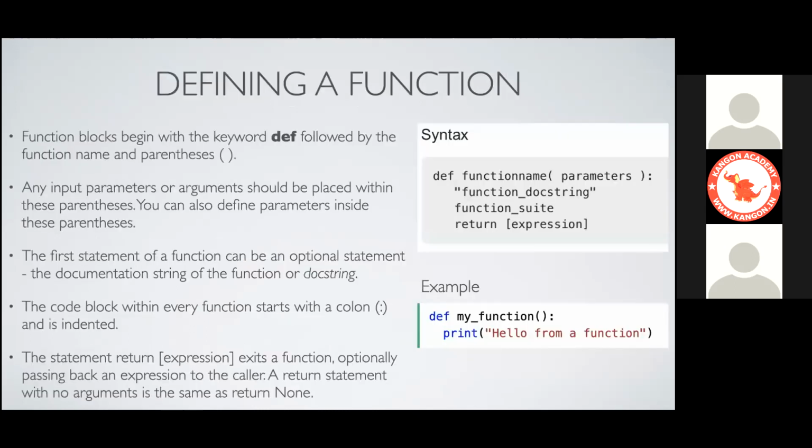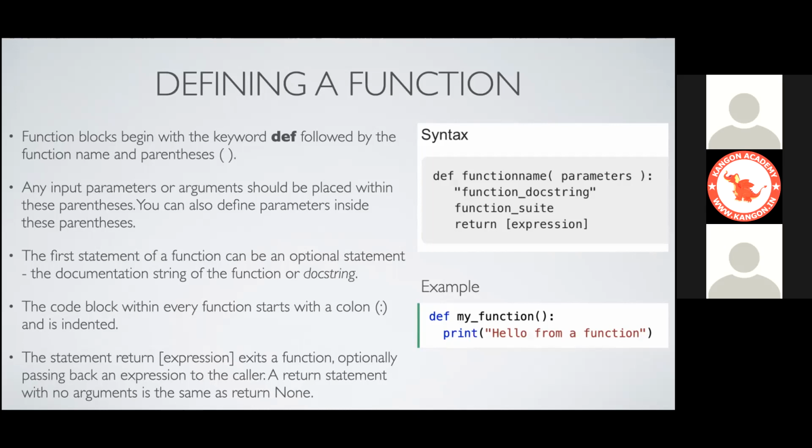Next, declaring a function. Now this is where it gets technical. Function blocks begin with the keyword def, followed by the function name and parenthesis. Inside that parenthesis, you may or may not put parameters as per the requirements.